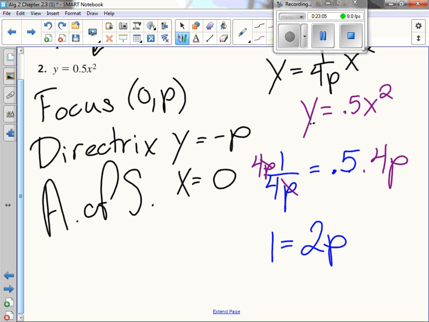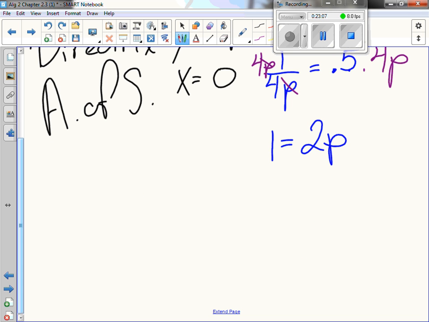We're almost done. Because what do we need to do now to get p by itself? These will cancel, leaving me with 1/2 equals p. So we found the value of p, yes? Plug it back in.